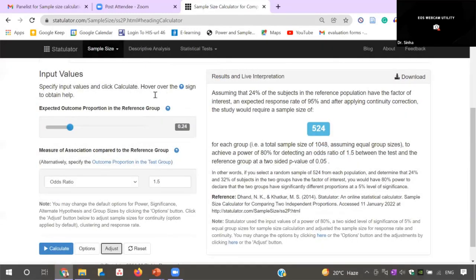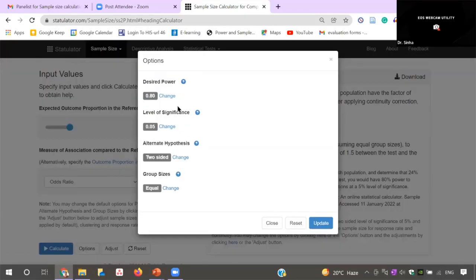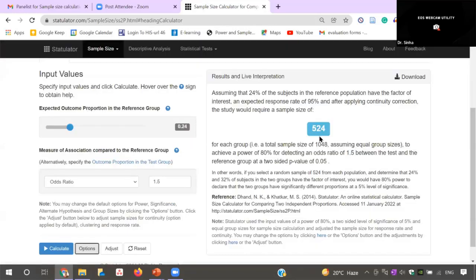You don't need to decrease or increase this power because the author is assuming 80% power, 5% level of significance, a two-sided hypothesis and equal group sizes. So all these things I will leave as they are, and then I will update. If I update, the sample size is 528. So the total sample size is 1048 in each group.